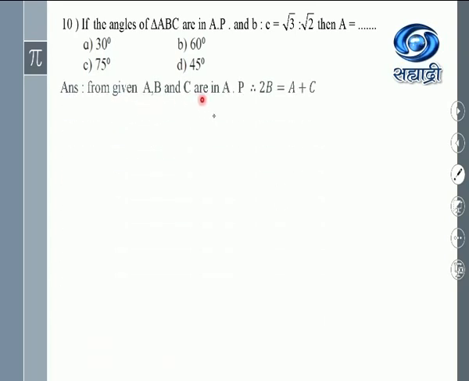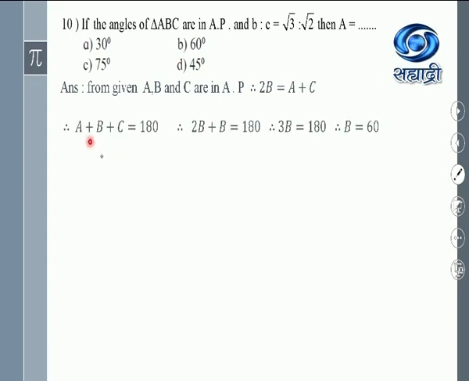Now what is given? A, B and C, the angles of triangle ABC, are in AP. Okay, this you know. One of the sums we tried. 2B is equal to A plus C. Right? 2 times the middle is the sum of the extremes, you know, if the 3 terms are in AP.